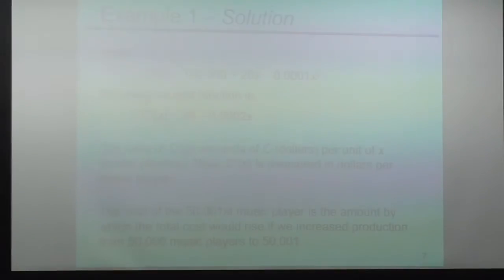Let's say, what's the cost function again? $150, I'm just going to write it like this, plus 20, it's not the same, but I don't want to write all that, plus 0.0001x squared. Okay, that's the cost function, right?